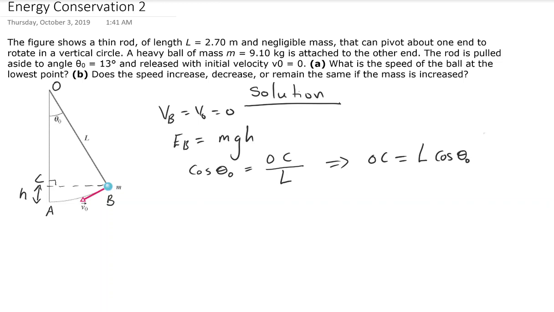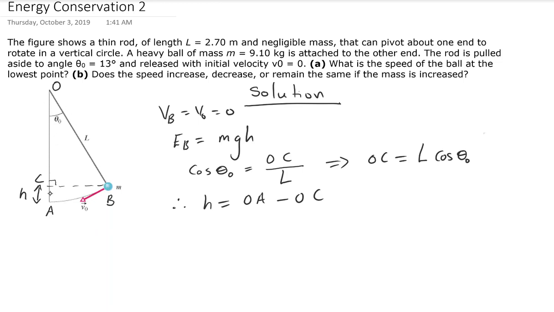And what is the height h? If you look at the diagram, h is the length OA minus OC. And OA, since this is describing a circular arc, OA is also L, because L is the radius of this circular arc.